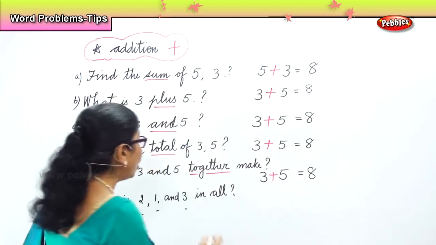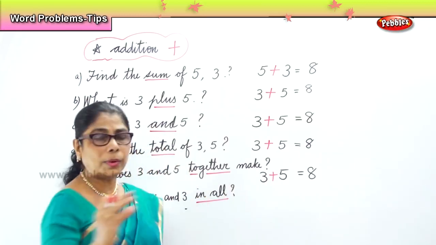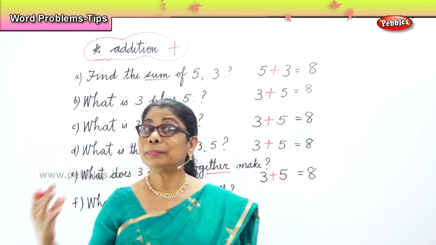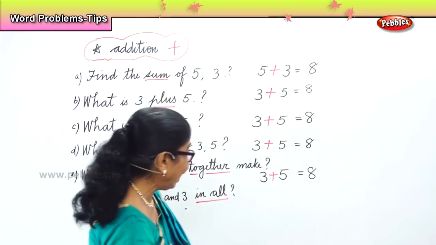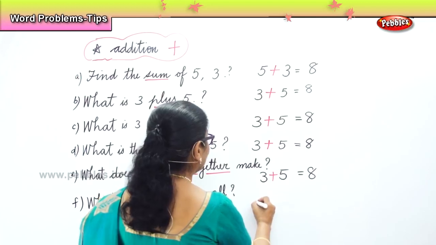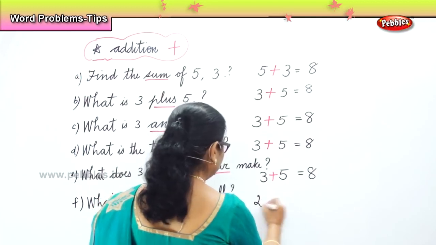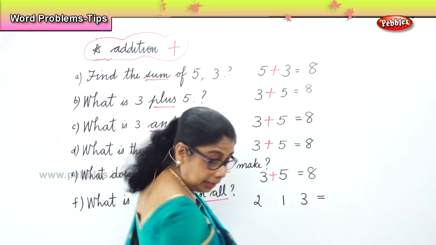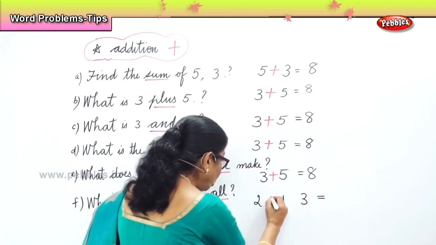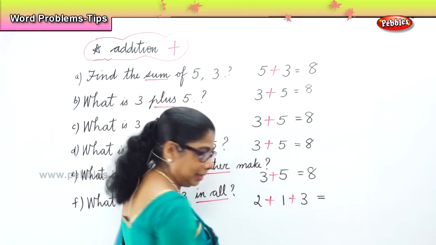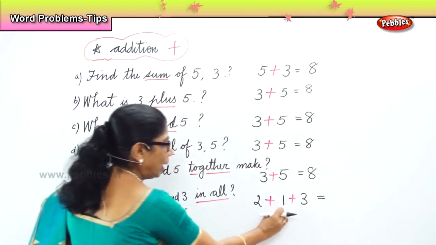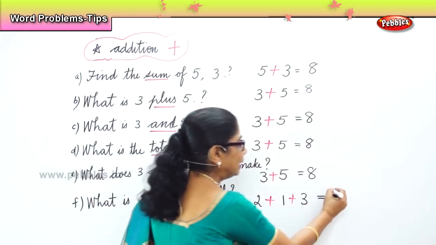When you say in all, in the word problem, when you get the words in all, it means addition, add. So in all means 2 plus 1 plus 3. What does it make? 2 and 1, 3. 3 plus 3, 6.